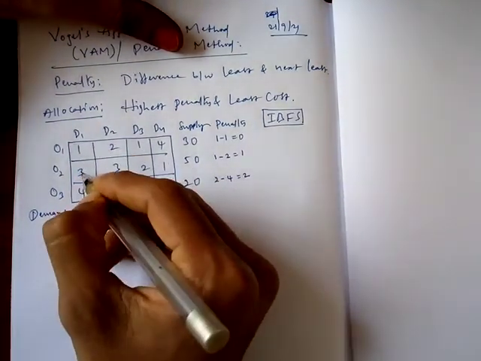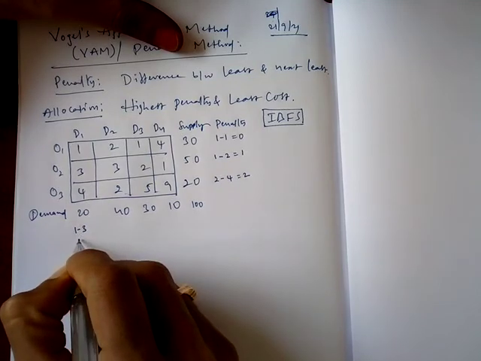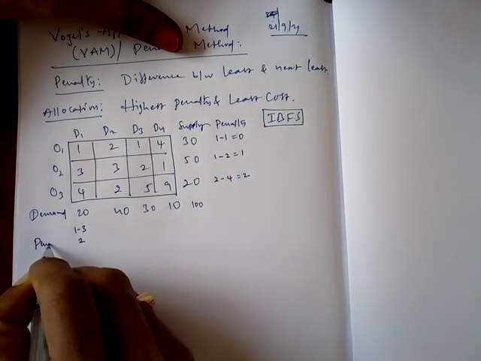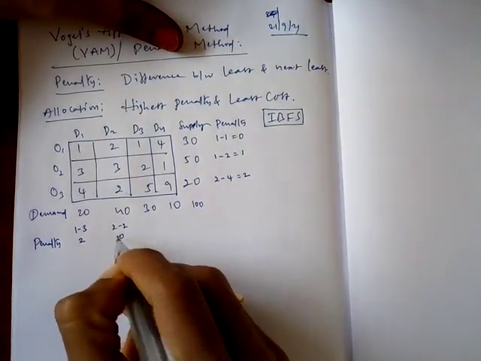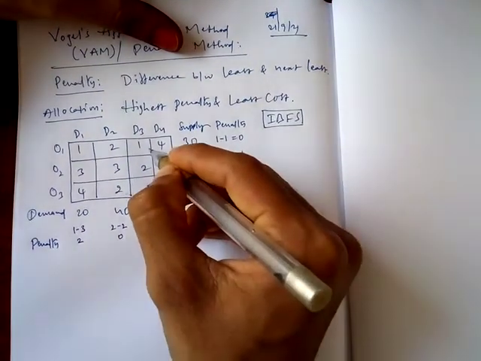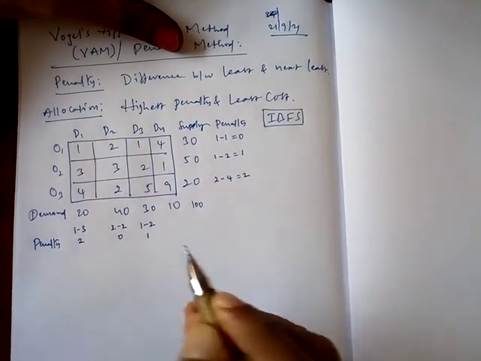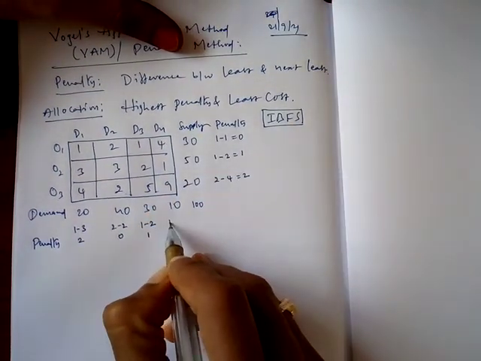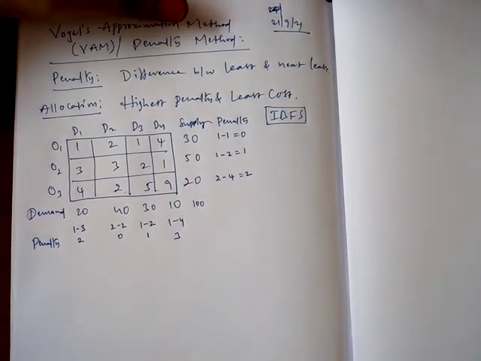In this column, 1 is the least and 3 is the next least, so the penalty is 2. Like this, 2 minus 2 is 0, and here 1 minus 2 is 1, and here 1 minus 4 is 3. So like this we have to write the penalties.